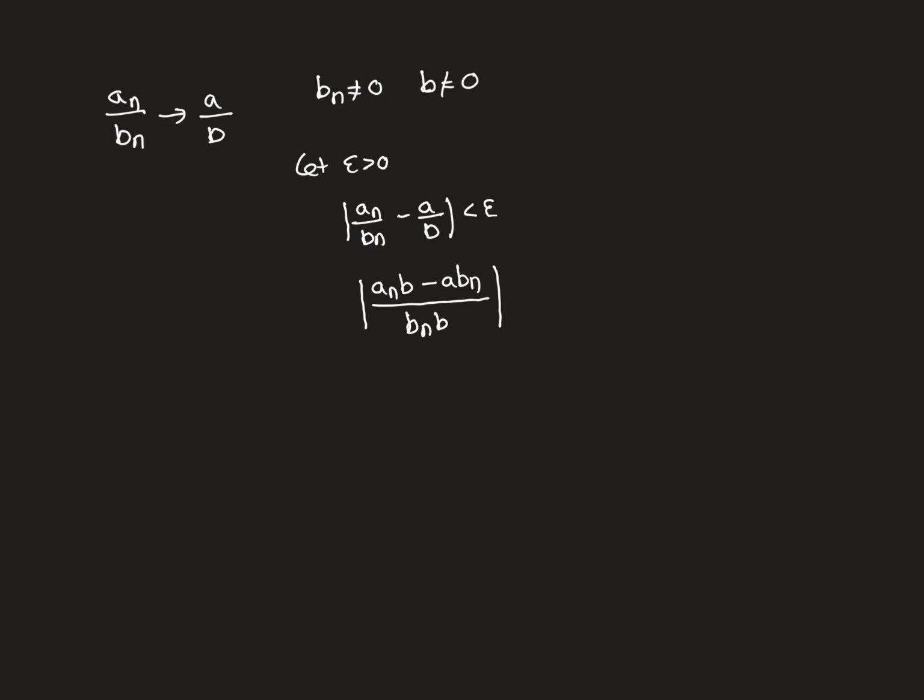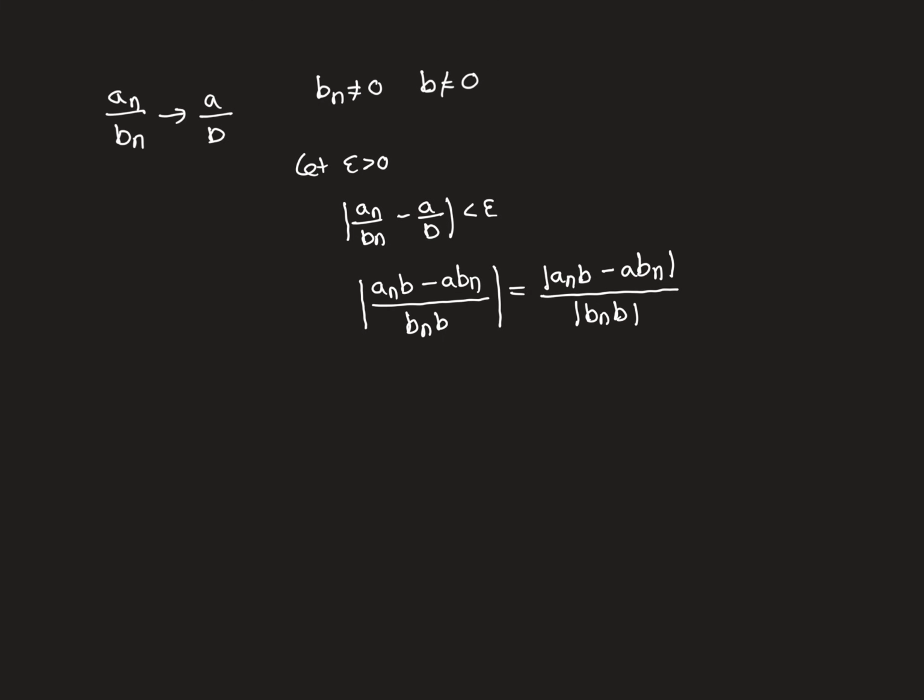So that's fine. So we can rewrite this now as mod a_n b minus a b_n, using absolute value properties, over mod b_n b.